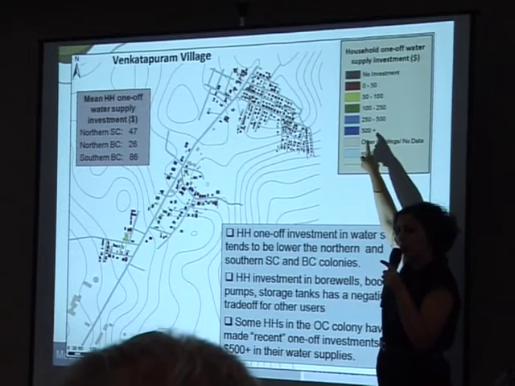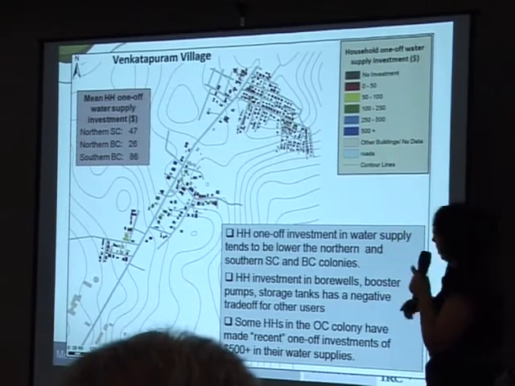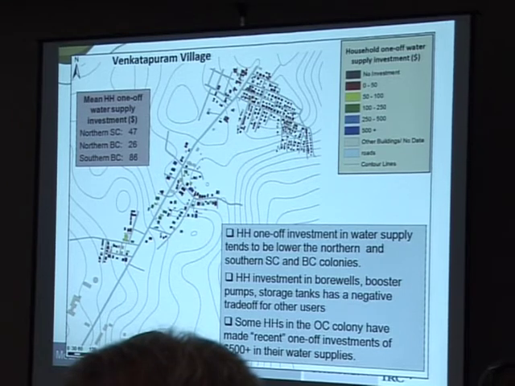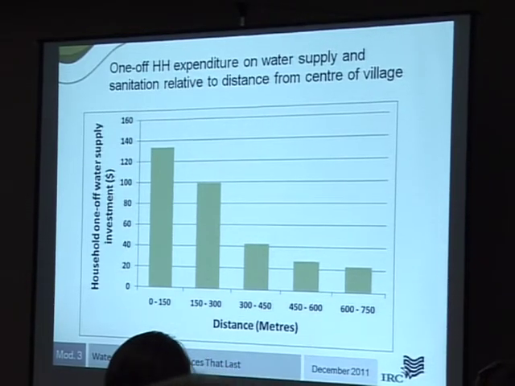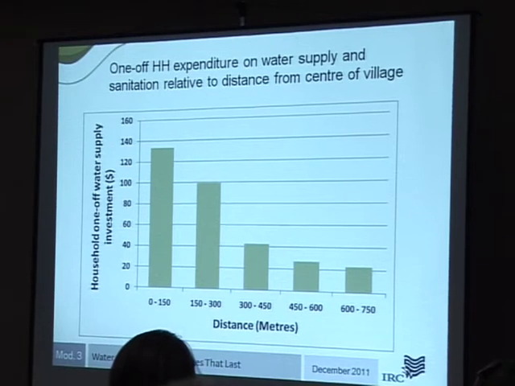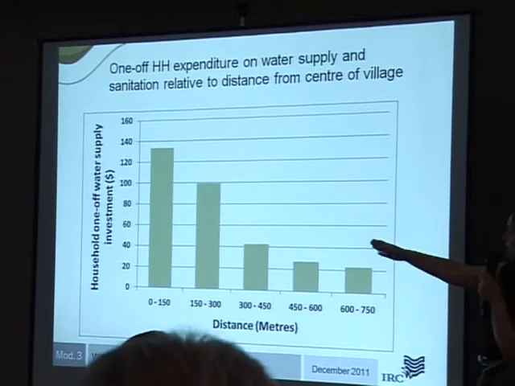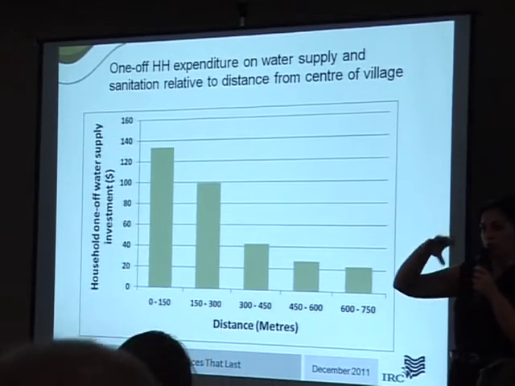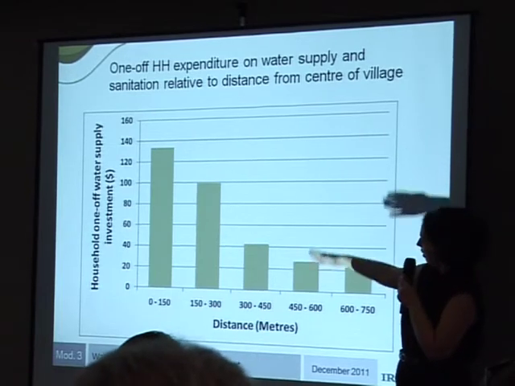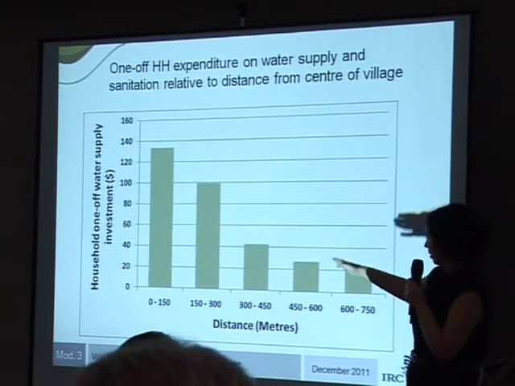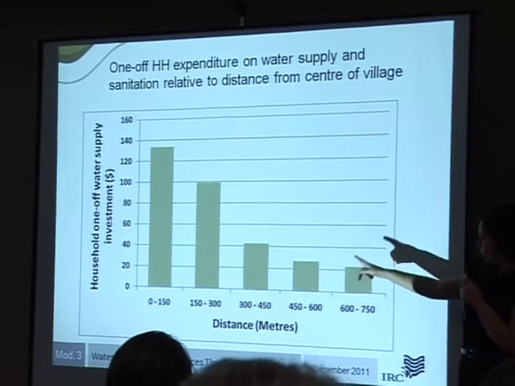These are all the private boreholes that the families are drilling. Then we can compare distance with how much investments the households are putting in. And you can see that the more in the center you are of the village and the power of decision making, the higher the one-time household CapEx investments related with the distance.